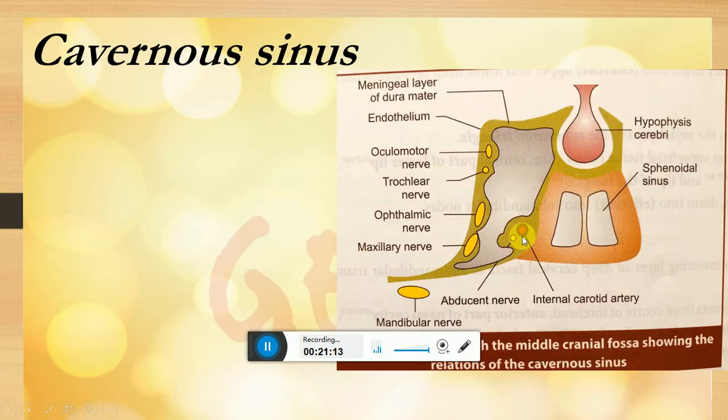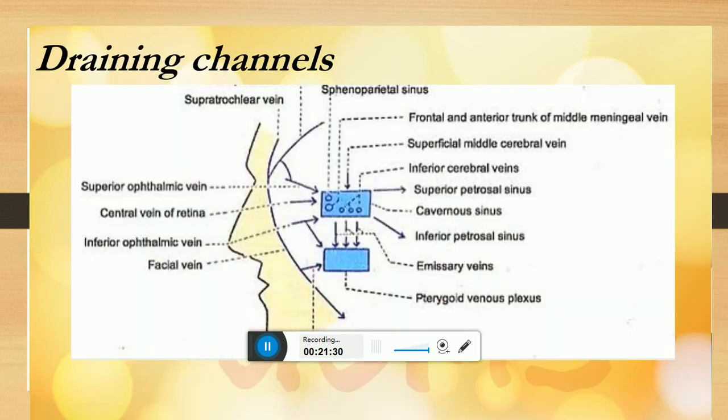In the center you have the internal carotid artery with the venous and sympathetic plexus around it, and the abducent nerve passes through the center.